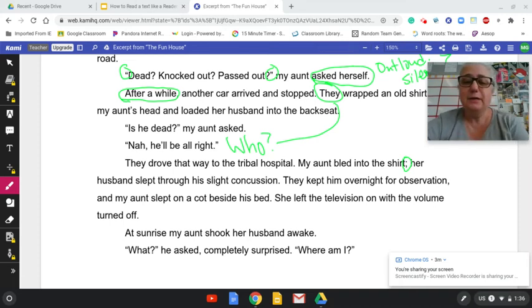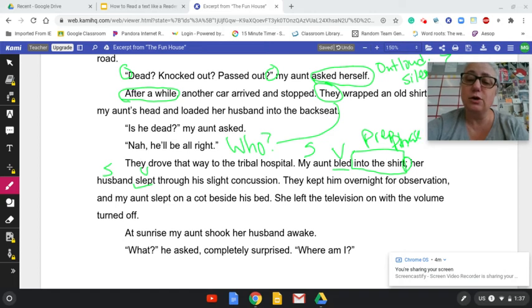And then, let's take a look at this. "My aunt," which is the subject of this sentence; "her husband" is the subject of that sentence. Our action or verb is "bled." And in this one, the action or verb follows right after the subject, "slept." And then it's followed by a prepositional phrase starting with "into," that's a preposition.